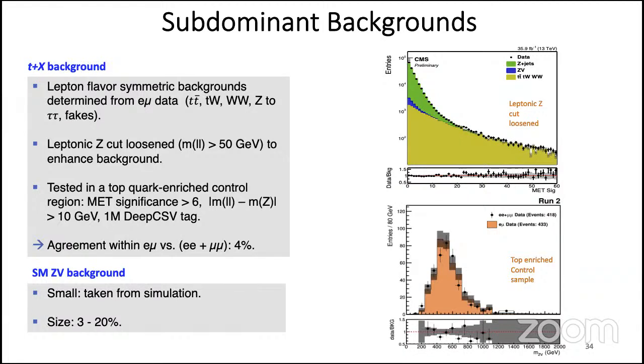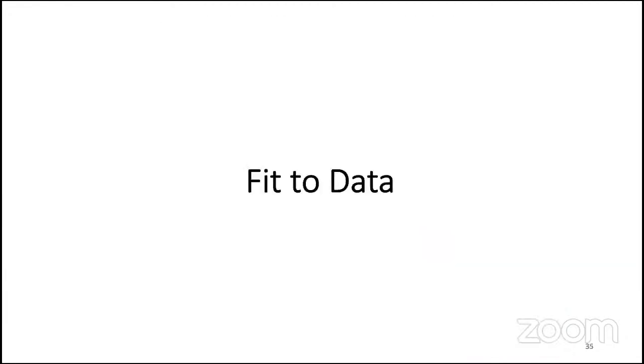And this technique is tested against a top quark-enriched control sample in Monte Carlo, and we found that we have a good agreement at the level of 96%. The other standard model backgrounds are determined by simulation. So now we are ready for the data.